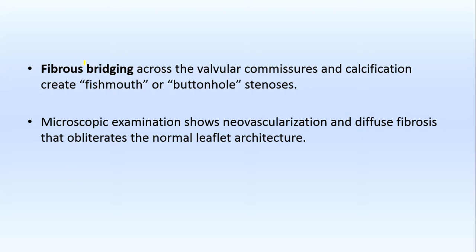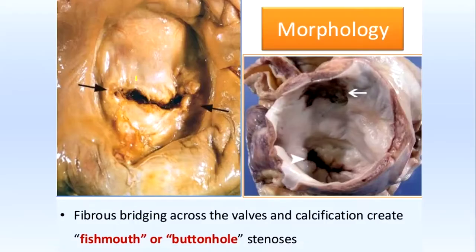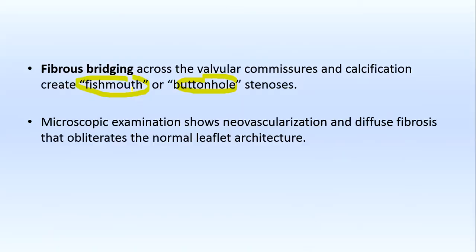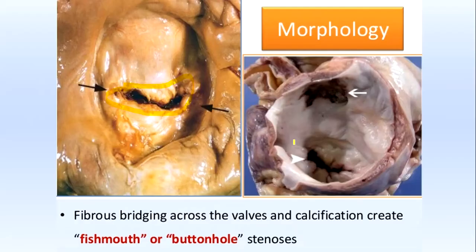Now, the fibrous bridging across the valvular commissures and calcification creates a fish mouth or buttonhole deformity, as shown in this figure. The valves are fused in a way that they resemble the mouth of a fish. And on microscopy, you will appreciate neovascularization and diffuse fibrosis that obliterates the normal leaflet architecture.